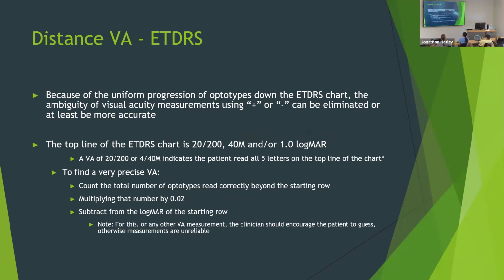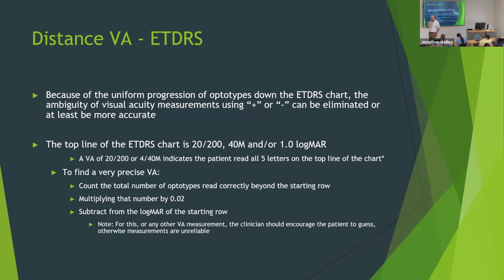So what we can do, I say that we can eliminate plus or minus, that sort of thing. That's a little bit wrong. Let me explain here. With Snellen, we didn't have any way to rectify the letters that were missed because it's not a logarithmic progression as you make your way down the chart. The 20/200 line, and then it jumps down to a 20/100 line.